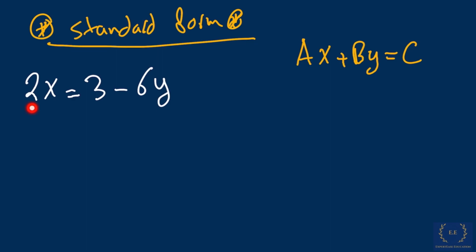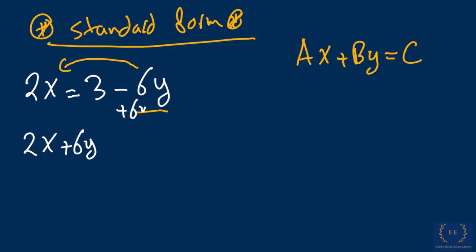Now, this is a regular equation that I need to put in the standard form, where I have x plus y equals to c. The first thing that I need to do is get the y by itself on the other side, where I have 2x plus 6y, I added 6y here and 6y here, equals to 3.